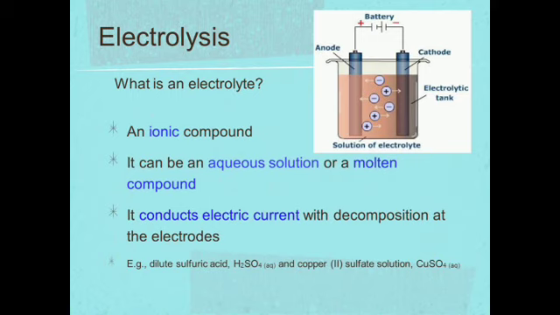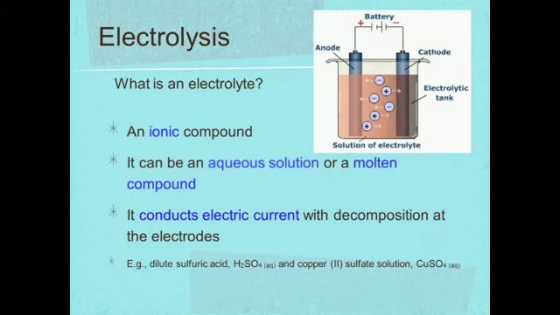When the chlorine part of sodium chloride, being negative, moves to the positive electrode, the anode, it loses its electrons, and then it becomes a free chlorine atom.